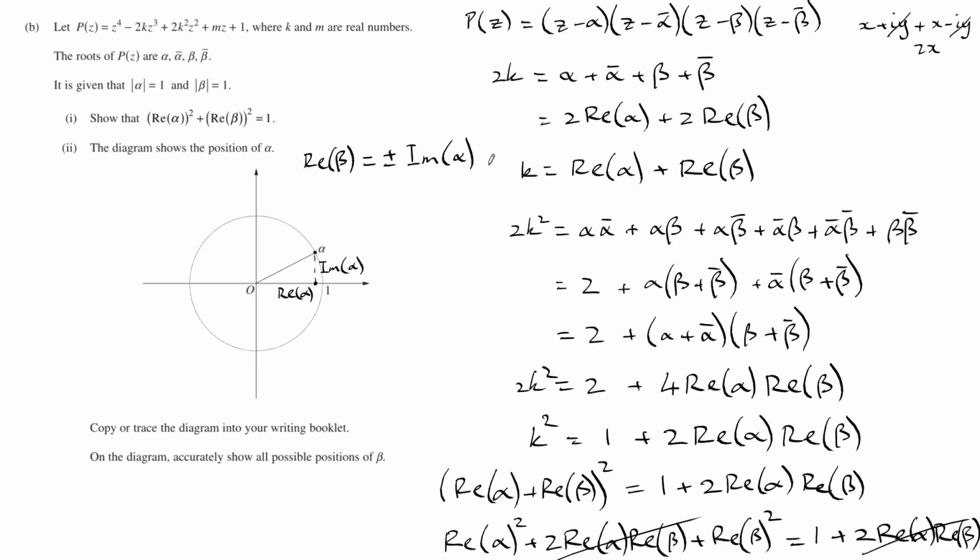So the real part of beta, its x-coordinate, is going to be the same as this, but positive or negative. So that would put it here, or here, or here, or here, where each of those x-coordinates is the same as that.